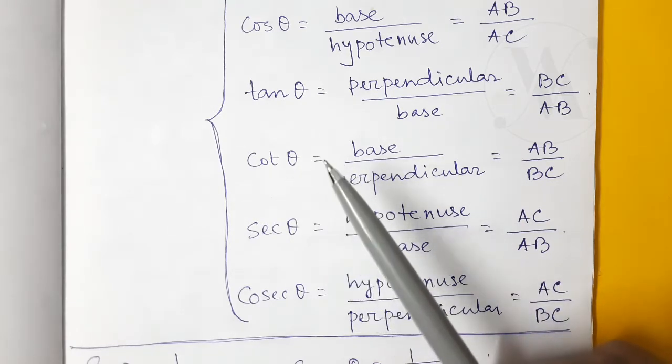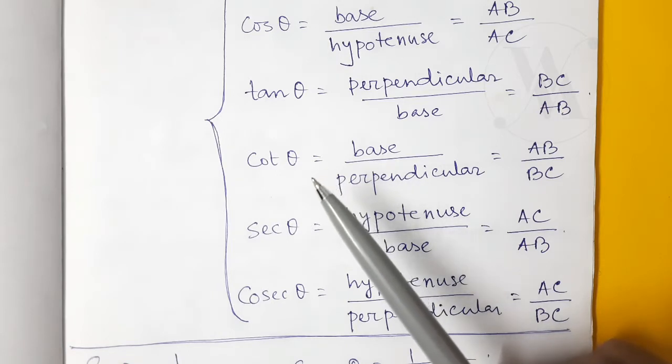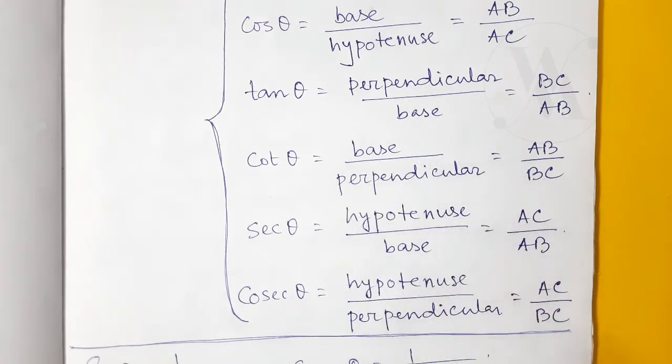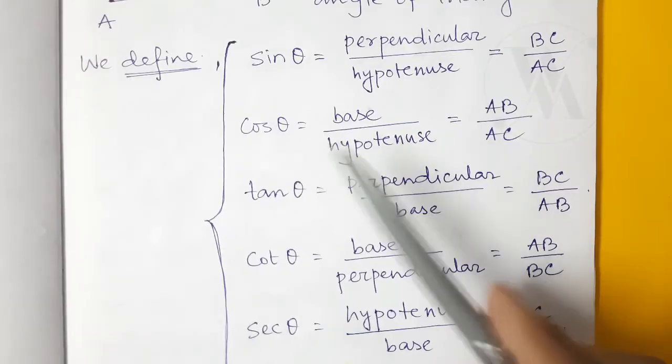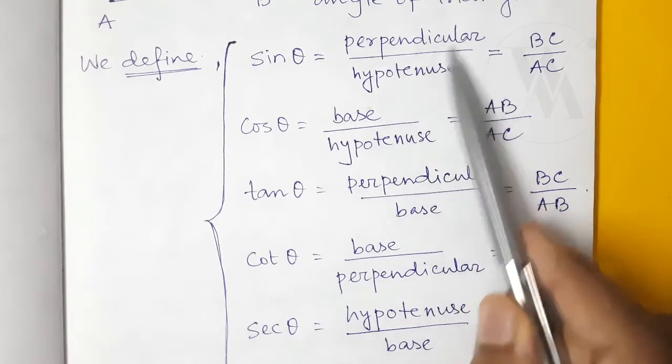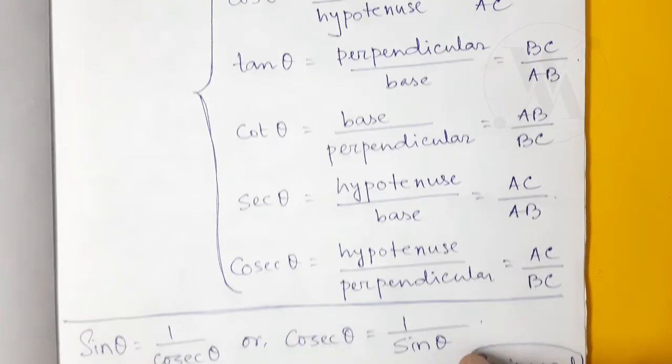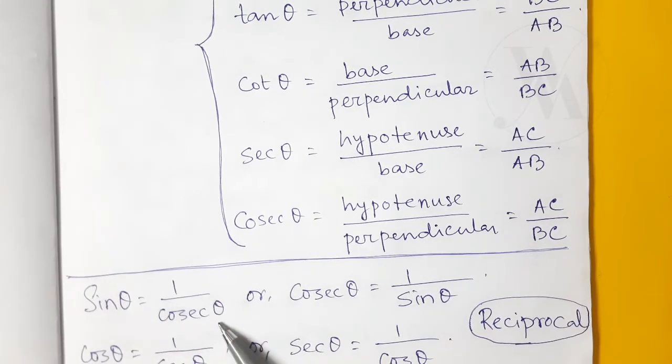You should not ask how sin theta equals perpendicular by hypotenuse. That's how we define it. Now, from these definitions, you can see that sin theta is perpendicular by hypotenuse and cosec theta is hypotenuse by perpendicular. So we can say that sin theta is 1 by cosec theta.